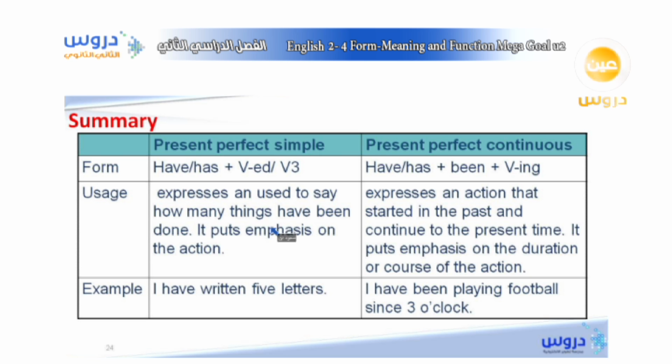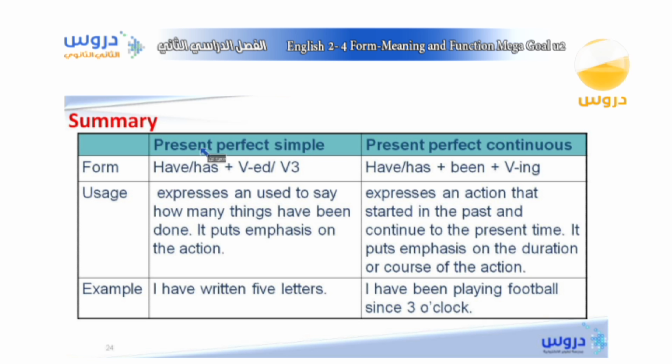Okay, we have a summary here. Present perfect simple and present perfect continuous or progressive are alike. We can make a sentence by using have or has according to the subject plus verb-ed when it's in regular form.